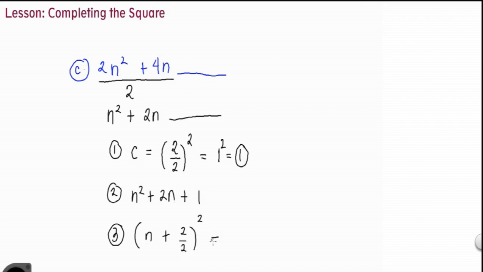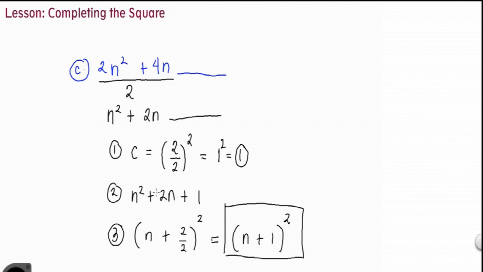To simplify the numbers inside the parentheses, we have n plus 1 quantity squared. Okay, and this is the factored form of the given expression. Even though our given expression had a missing term, we were able to find the third term through the formula b over 2 quantity squared. And we got the completed square of our expression.